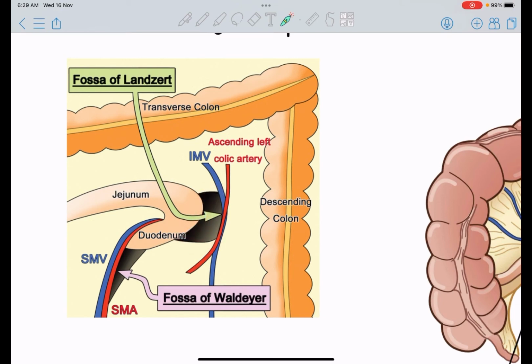Across the fossa of Landzert, the bowel herniates and goes behind the mesocolon and forms a hernia sac like this. Therefore, at the neck of the hernia sac lies the inferior mesenteric vein and the ascending left colic artery as discussed previously.